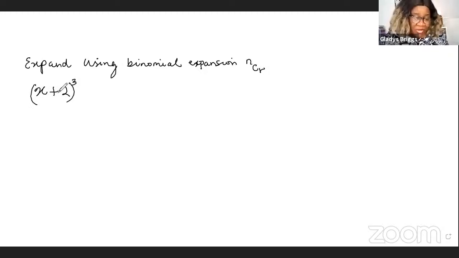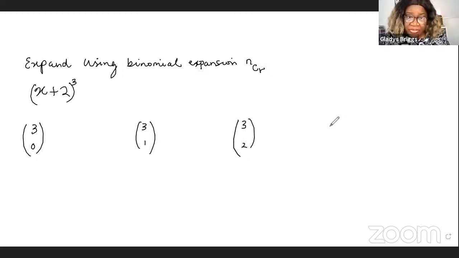Now here you have to start with 3 choose 0. Then you do 3 choose 1, 3 choose 2, 3 choose 3. When you get to 3 choose 3, you stop because you've reached the highest power.